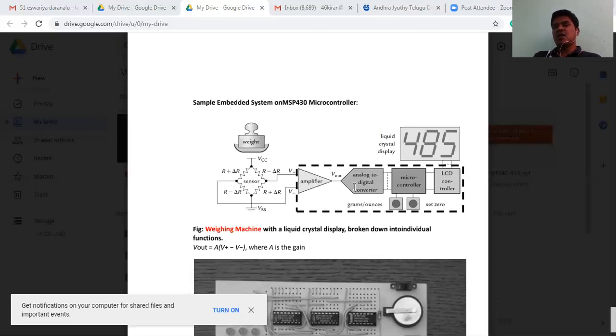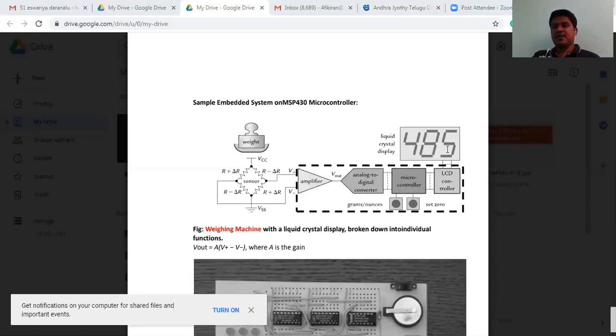Therefore, all these things in this dashed rectangle are going to be implemented with only one microcontroller, and with a simple sensor to sense the weight, we require the sensors and the LCD screen. So with this, what we can justify here is we can implement a simple embedded system using MSP430 very easily. This is one example.